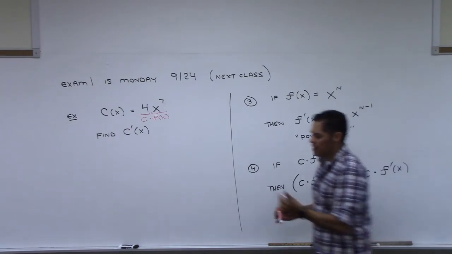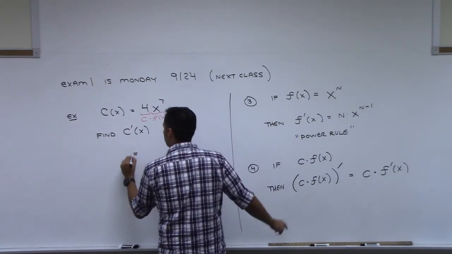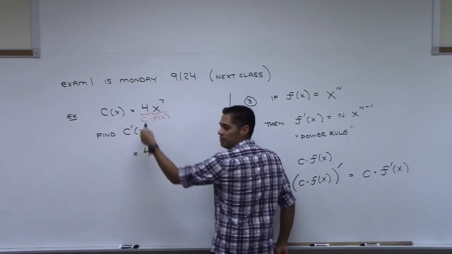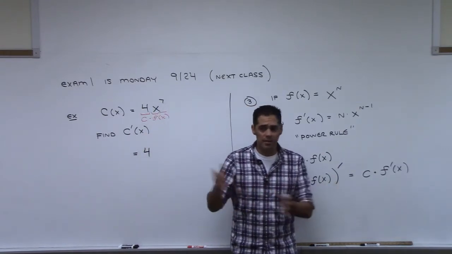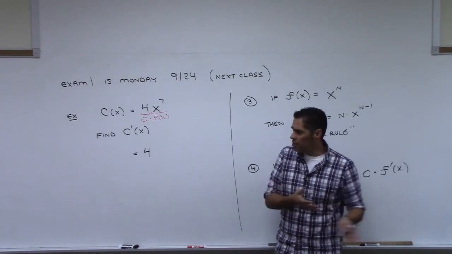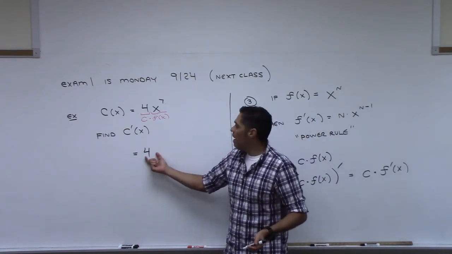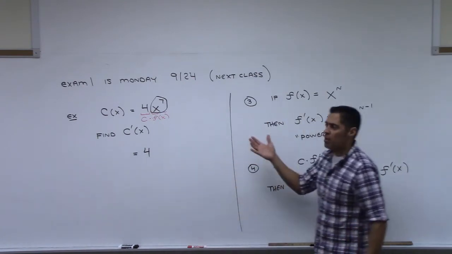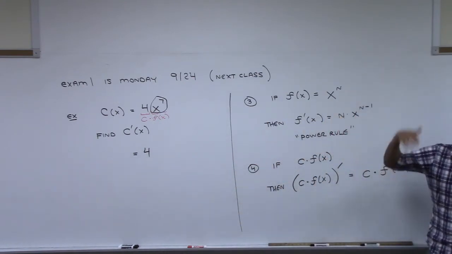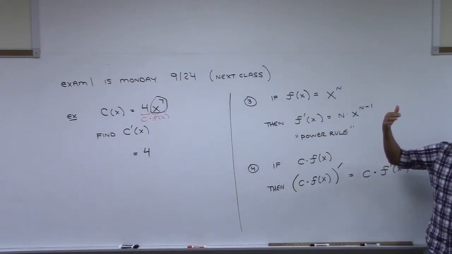So according to this, it should be 4. I always tell my calculus students, the 4 is just going to come along for the ride. 4 is just going to be there. And then you have to take the derivative of this. Which rule will I use to take the derivative of x raised to the 7th power? The power rule.